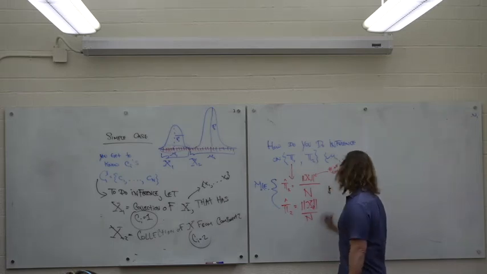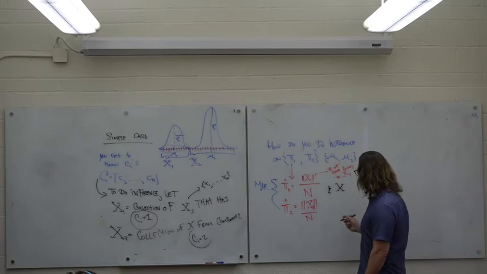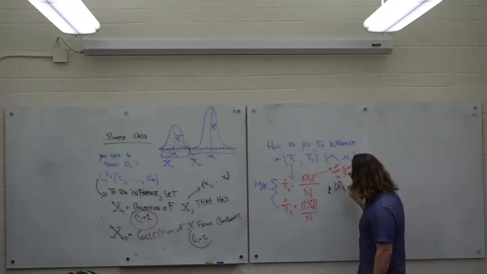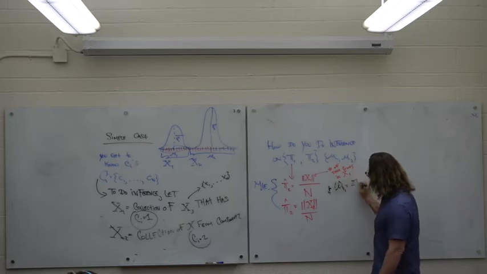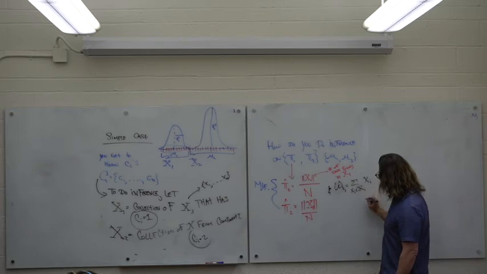And probably won't surprise you to find out, since I know the component labels, mu1 hat is equal to the sum of the x_i's such that these x_i's come from cap X1.